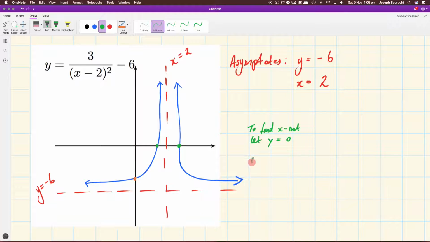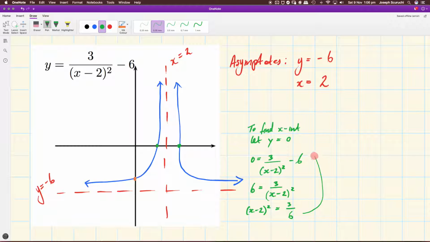So I'm going to get 0 equals 3 over (x minus 2) squared, minus 6. Rearrange. I might run out of room here. I'm going to get (x minus 2) squared equals 3 over 6. I'm going to have to come up here now. So that's going to be x.